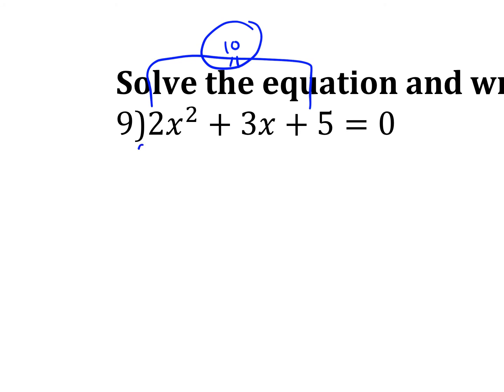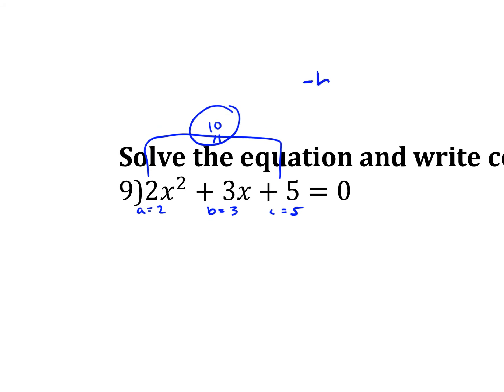So the quadratic. Our a is 2, our b is 3, and our c is 5. So plug it into our quadratic formula, which is negative b plus or minus the square root of b squared minus 4ac over 2a. Gotta know that for your quiz tomorrow.